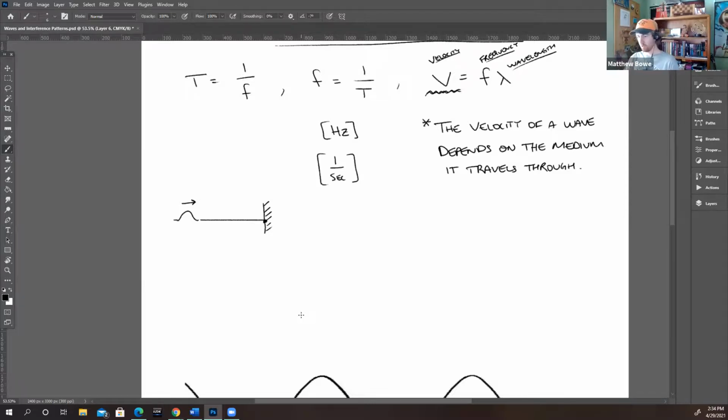The wave will move all the way down until it hits the wall, and then it will reflect backwards towards me. So it's fixed at the wall at a single position. And it'll reflect off of the wall and bounce right back towards me. But it will be inverted. It will be upside down.